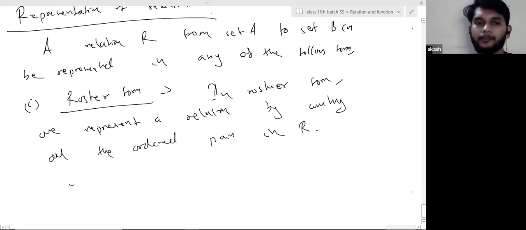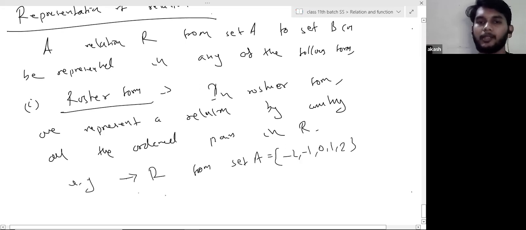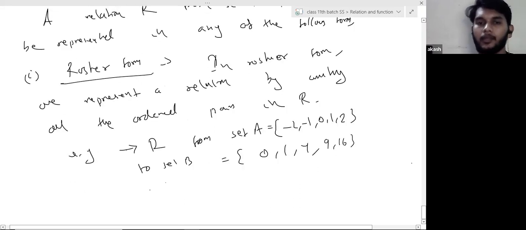For example, if I give you a relation R from set A, which is -2, -1, 0, 1, and 2, to set B, which is 0, 1, 4, 9, 16, defined by the rule A squared is equal to B. Can anyone tell me what will be the relation R here?